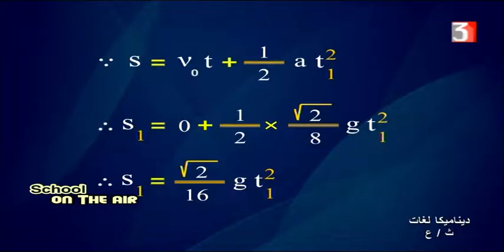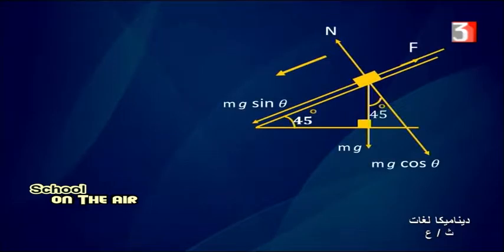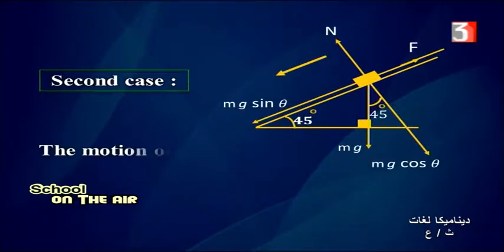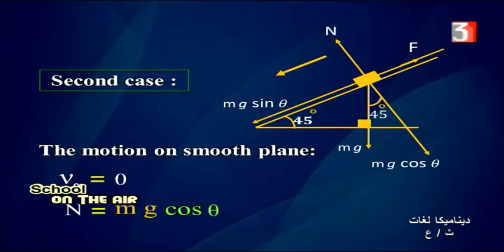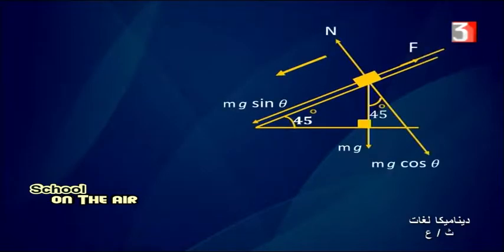The second case, the motion on a smooth inclined plane. The initial velocity v naught equals 0 and N equals mg cosine theta, which equals root 2 over 2 mg. What is the equation of motion of the body in this case?